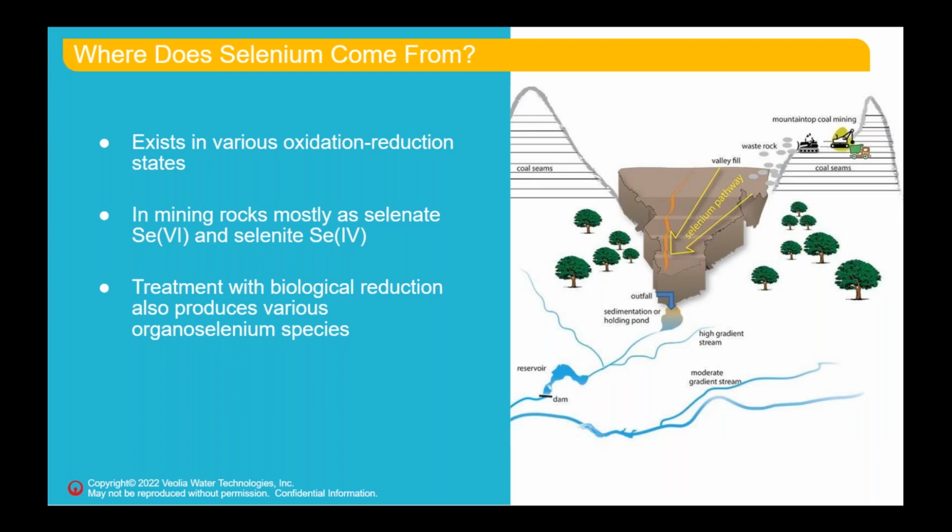It also produces organoselenium species. As I said, this is not something that is naturally present, but it might be present in the effluent of a treatment plant that is based on the reduction to elemental selenium.